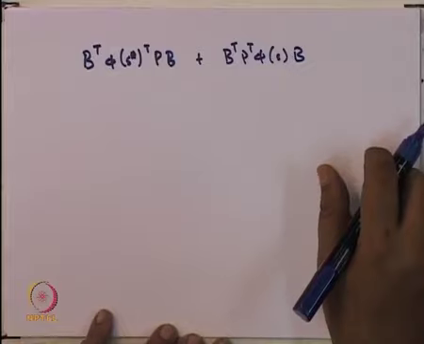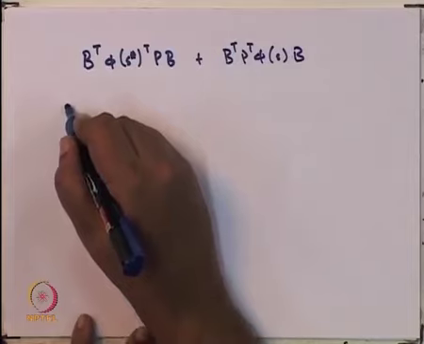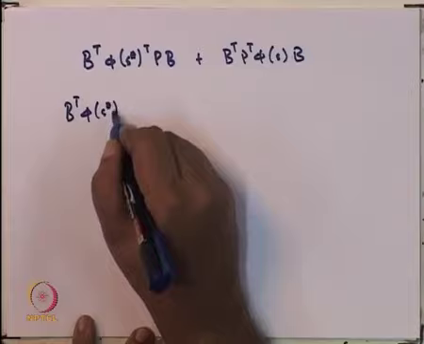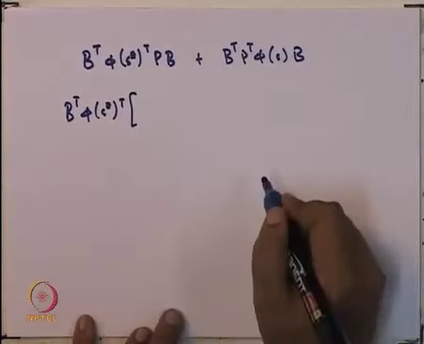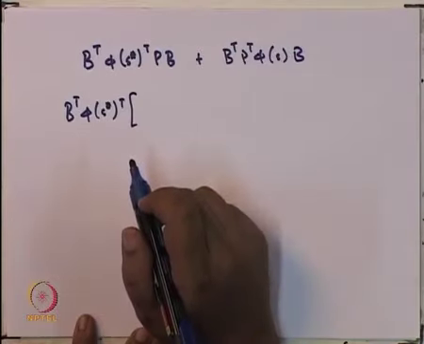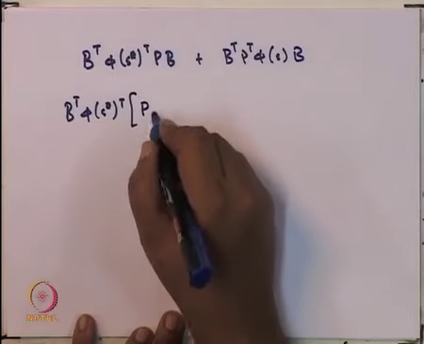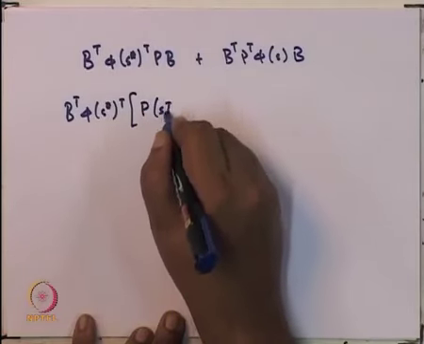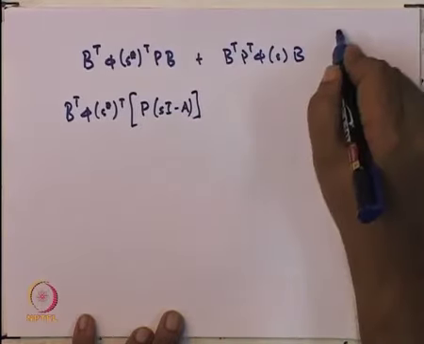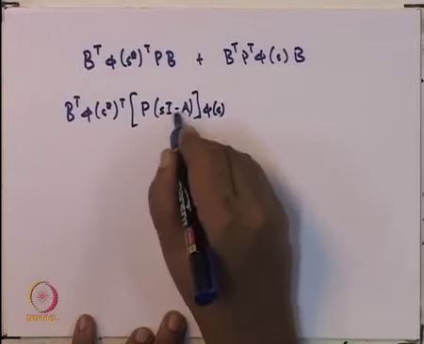What I would do is write this particular expression in the following way: B transpose phi S star transpose. And now, inside I introduce P times (sI minus A), and remember that we have already said that this phi of S is the inverse of (sI minus A).